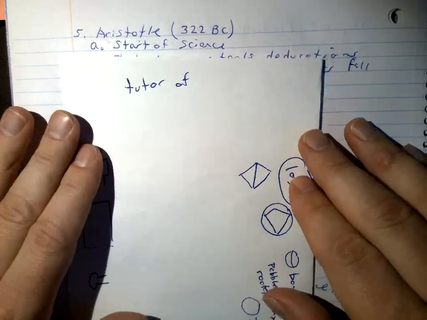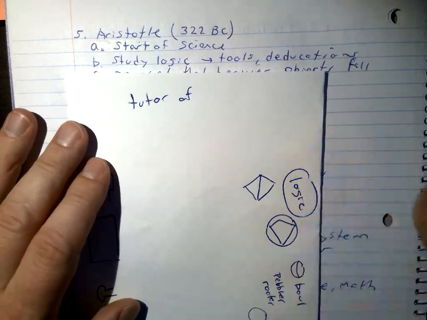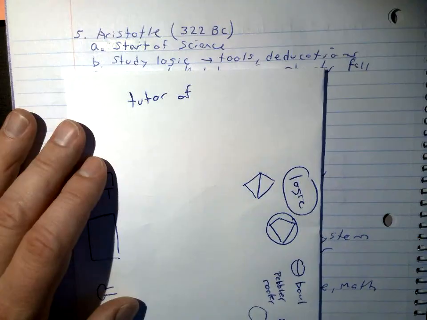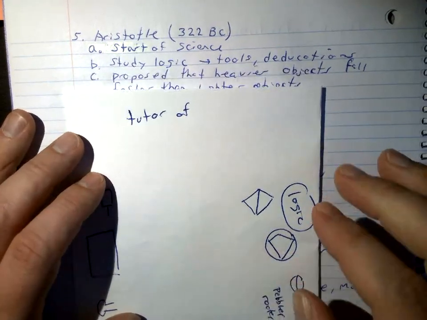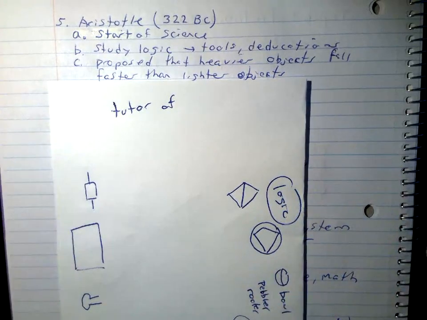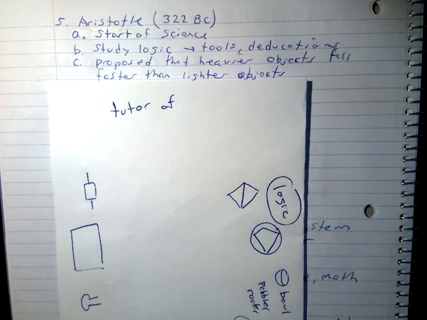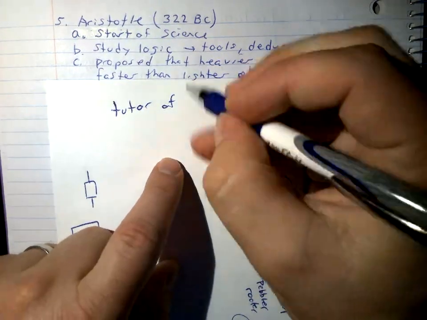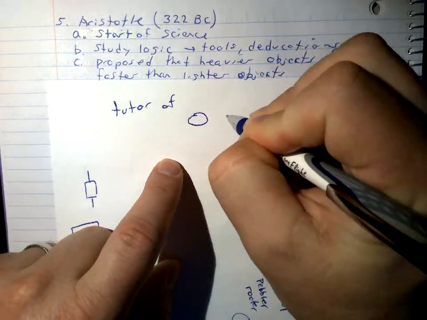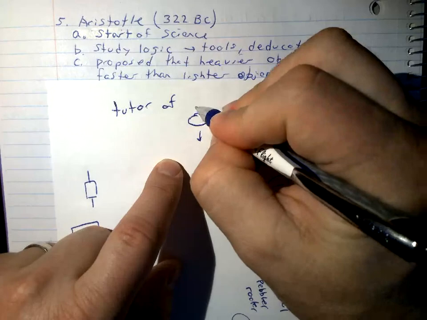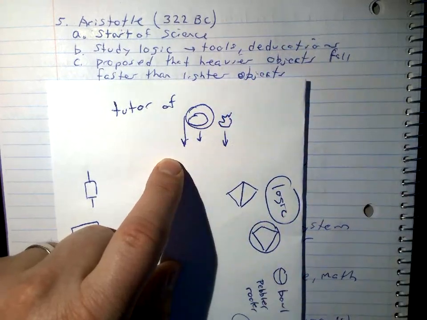Let's go through Aristotle now. He studied logic, the introduction of the tools of deduction, and he said that heavier objects fall faster than lighter objects. So if you take a feather and a ball and drop them, obviously the ball is going to drop faster than the feather.